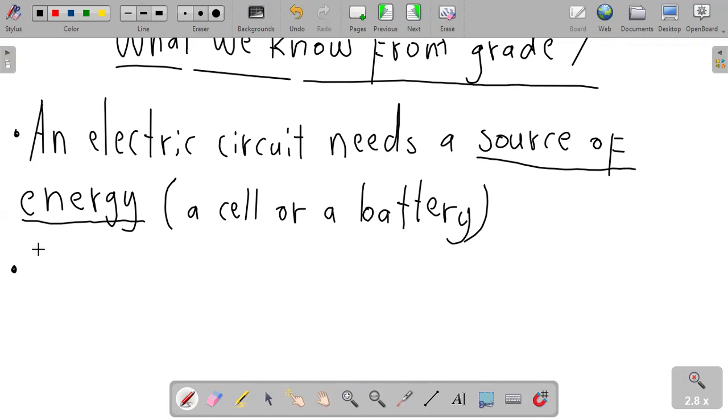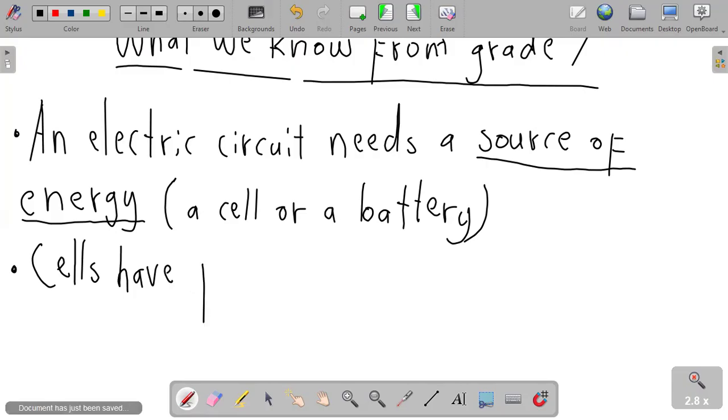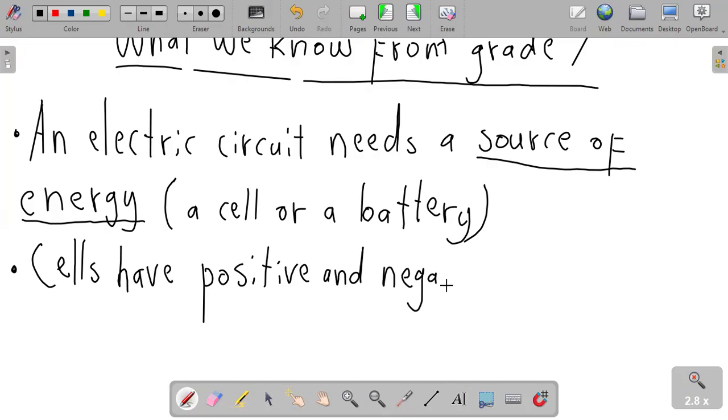We also know that cells have positive and negative terminals.